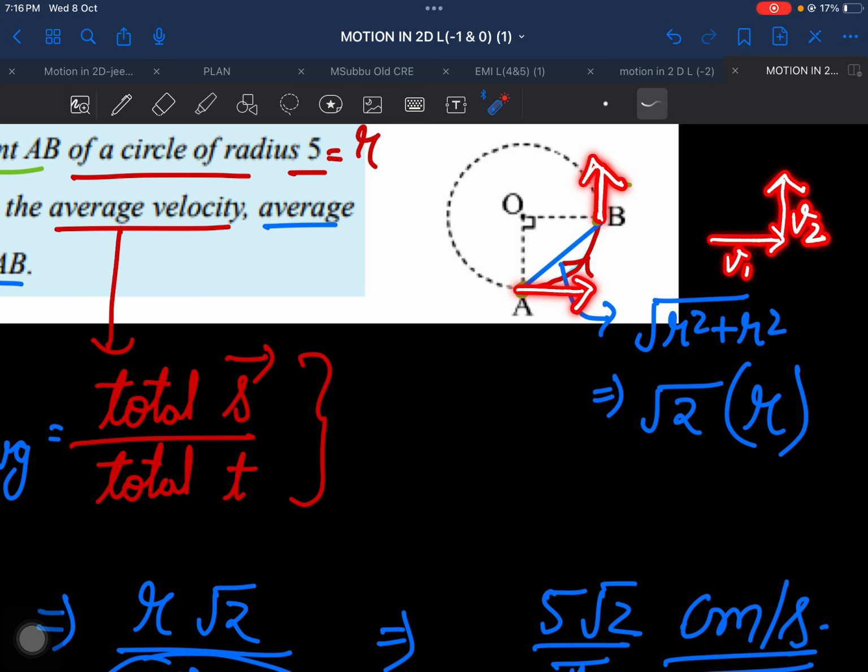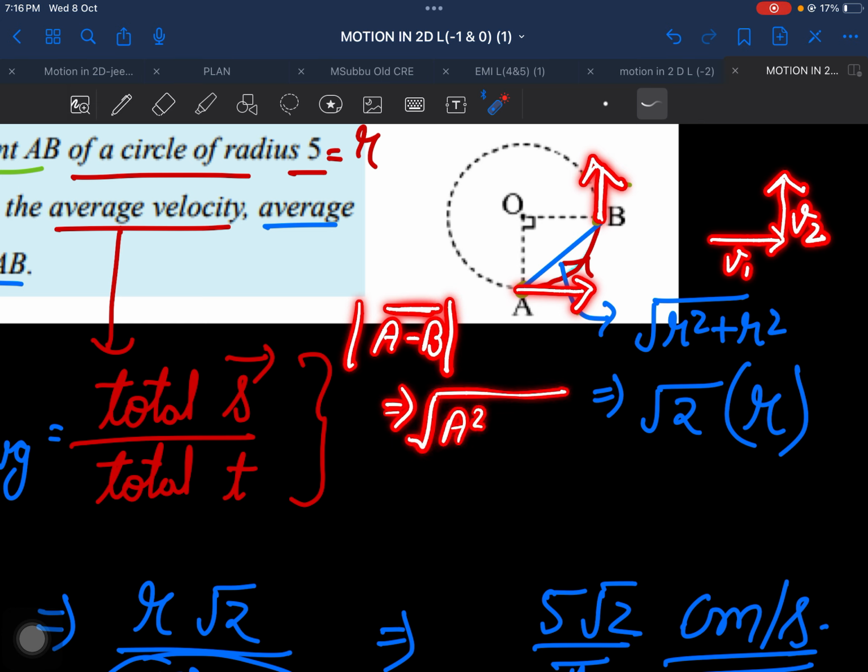Do you know the formula for the subtraction of vectors? If you have to subtract vector a from b, then the formula for the modulus is root of a square plus b square minus 2ab cos theta, where theta is the angle between the two vectors.